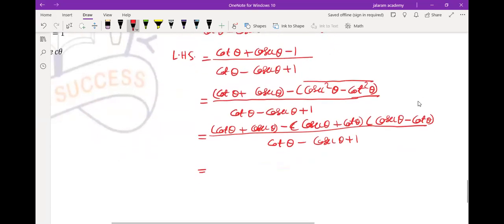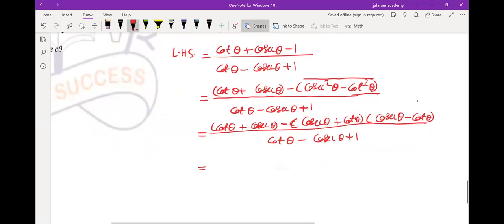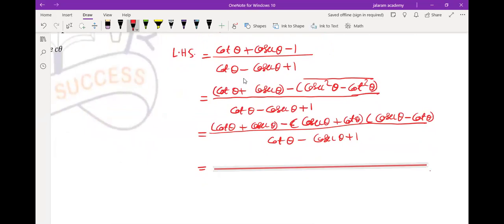Again, cot theta plus cosec theta is in the first bracket, cot theta plus cosec theta is in the second bracket, so we can take them common.